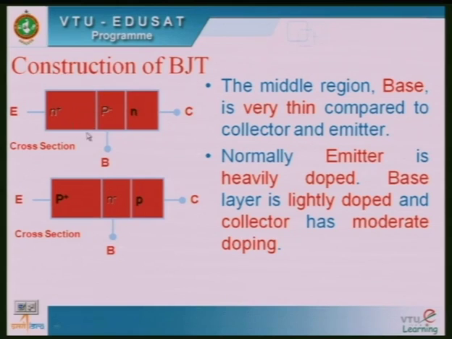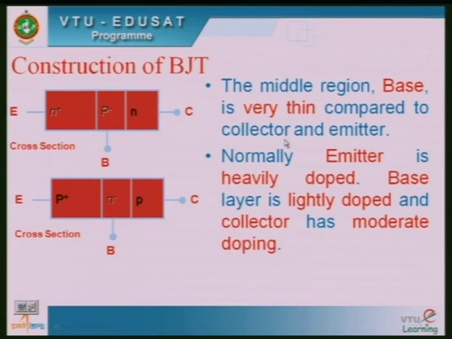As far as the width of the layer is concerned, the emitter has more width, whereas the P layer is very thin here, whereas the collector layer has an area in between that of the emitter and the base.